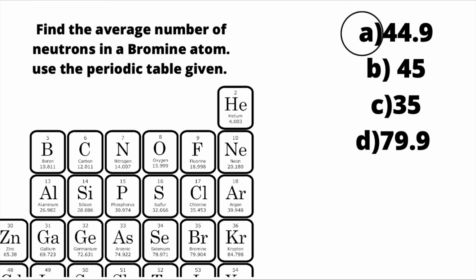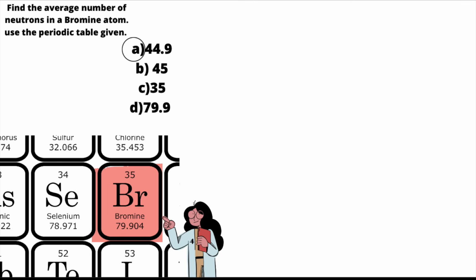Our answer here is A, 44.9. So first off, let's locate bromine on the periodic table.